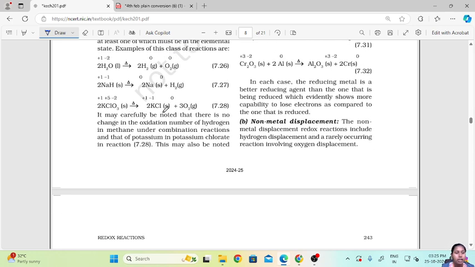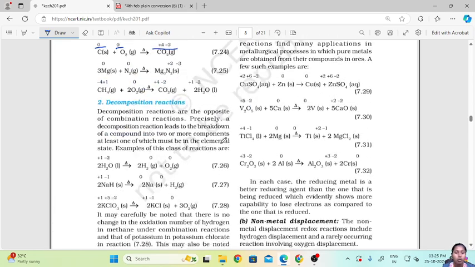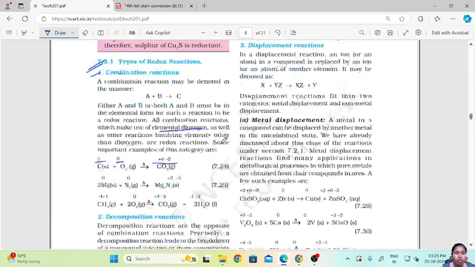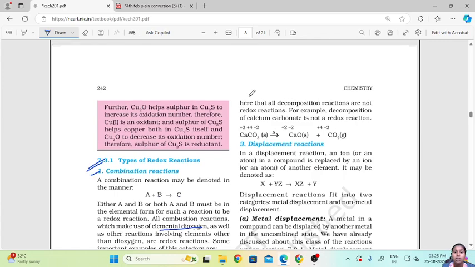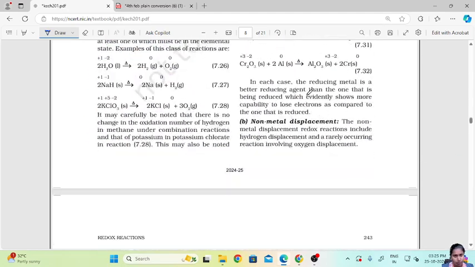It may be carefully noted that there is no change in the oxidation number of hydrogen in the methane reaction, and that of potassium in the potassium chlorate reaction. This may also be noted here that all decomposition reactions are not redox reactions.